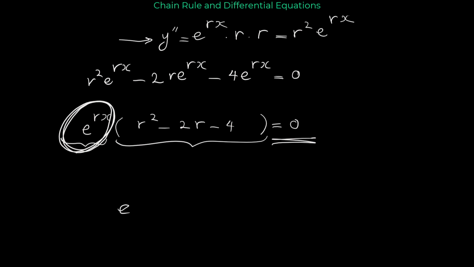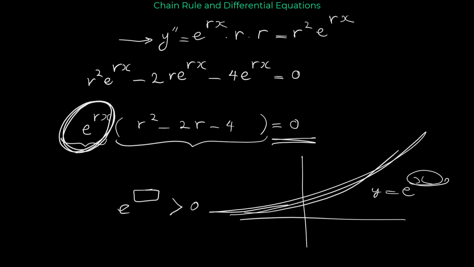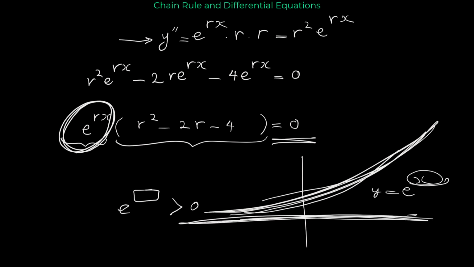When we have e to any power, exponential functions are always positive. Remember the graph of y equals e to the x. For every value of x, the exponential function is always positive. Its graph is above the x-axis.